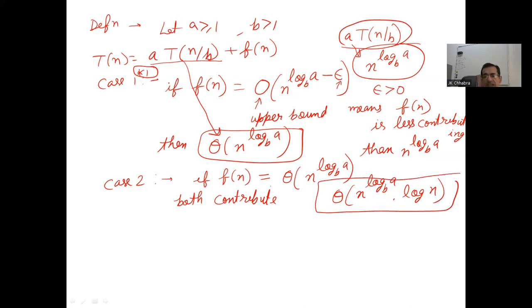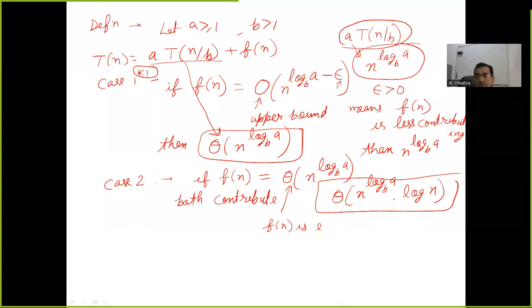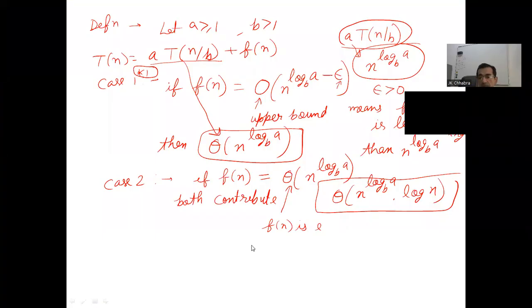Effectively, here I am using the theta notation. I am saying that Fn is exactly bound by n power log b a.